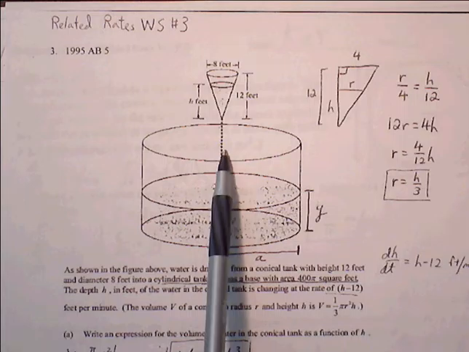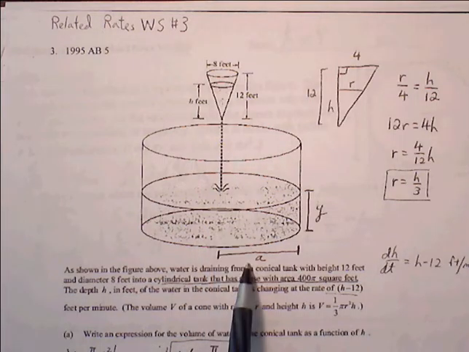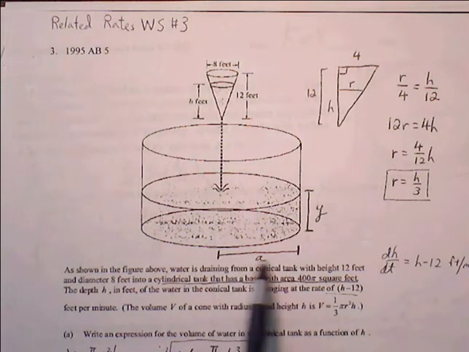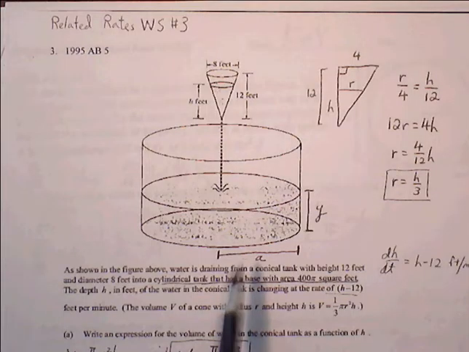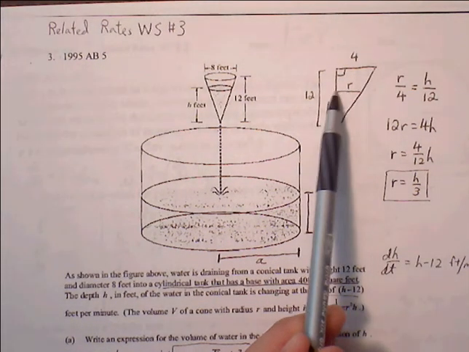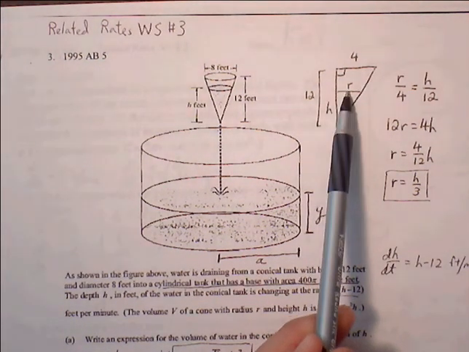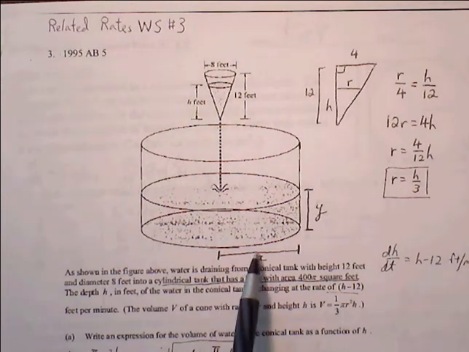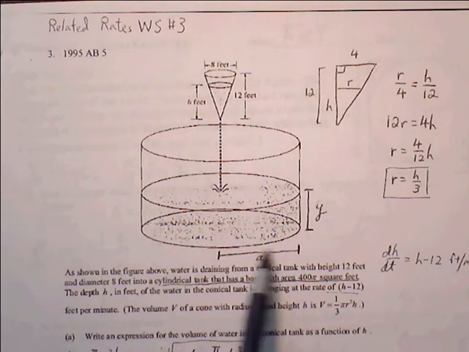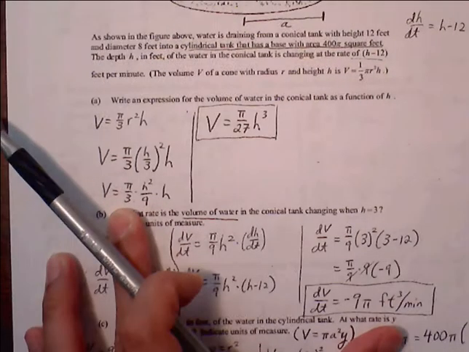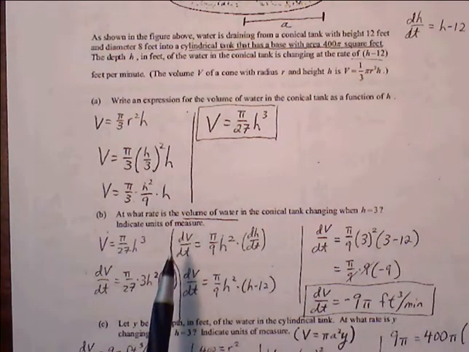No matter what's happening to the water level, the radius of the cylinder is going to remain constant, unlike the radius of the cone. We know that if we can figure out what the radius is, then that will remain a constant because it's not going to be changing over time. So if we can find out what a is, then we can plug that value in.